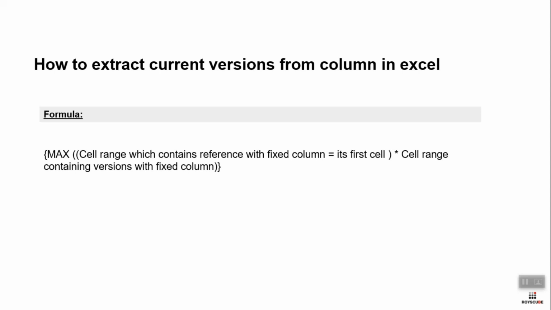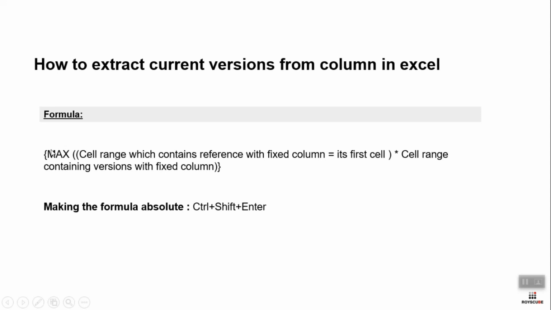Now it has to be multiplied by the cell range containing the versions with the fixed column. Fixed column means you need to provide the dollar sign in front of that particular column. Once you are done writing this formula, you need to hit Ctrl Shift and Enter.